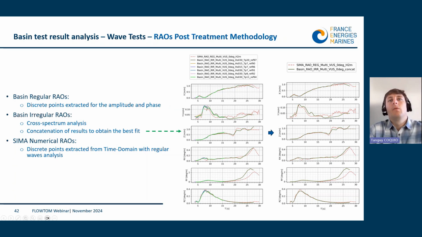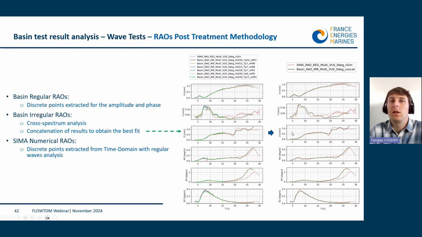In the first part, we have a lot of tests producing a lot of curves that can be superimposed on the graph, and we use the best average curve around them to obtain a single result, a single curve for the irregular RAO.